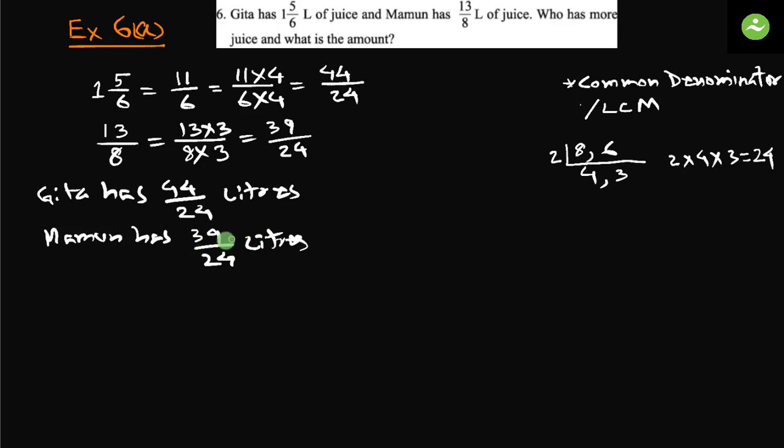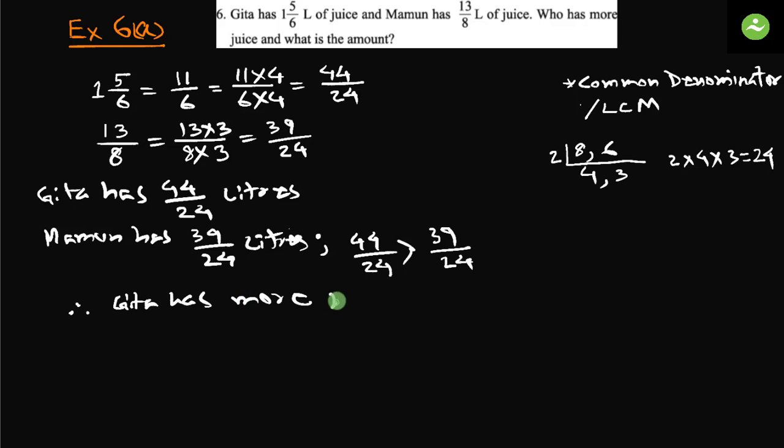So who has more? 44/24 is larger than 39/24. Therefore, Geeta has more juice.